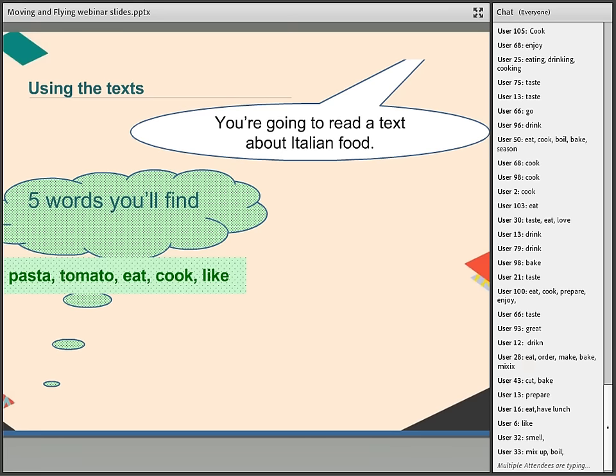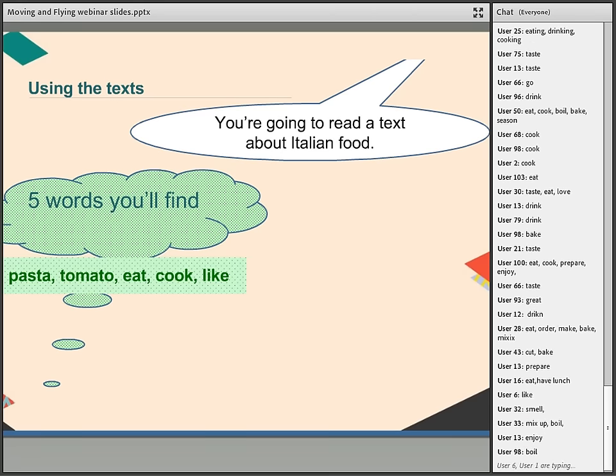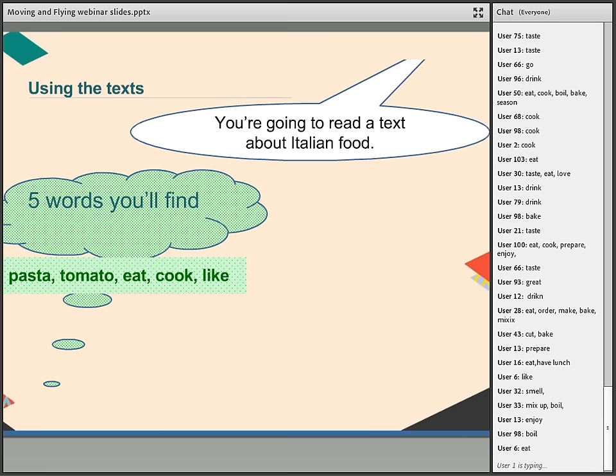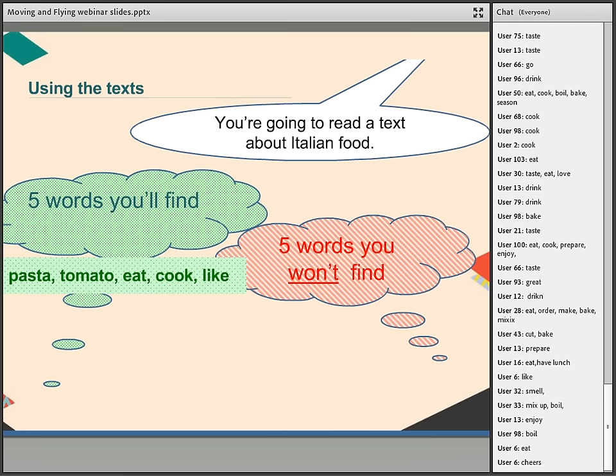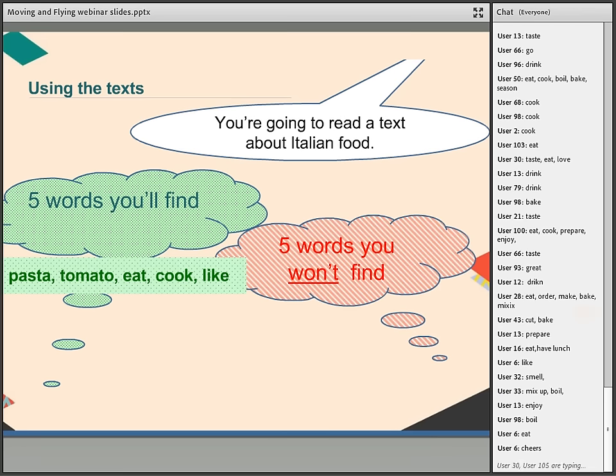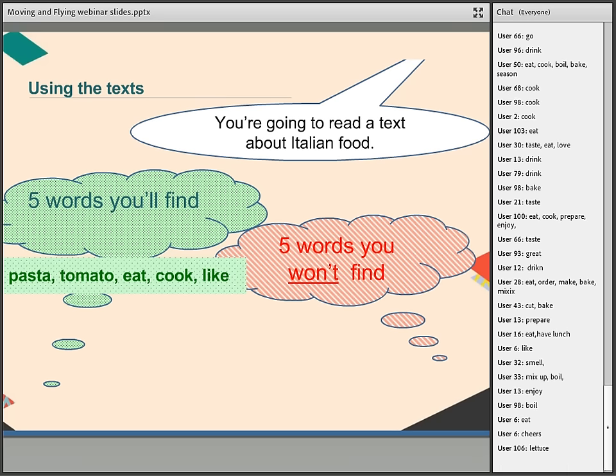I'm now going to ask you to type in 5 words you don't think you would find in a text about Italian food. So 5 words you won't find in this text.